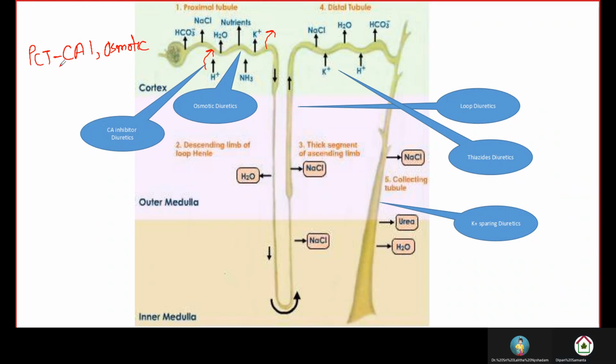Then the ascending limb of Henle, loop diuretics. Loop. In the DCT, distal convoluted tubule, thiazide. And in the collecting duct, potassium sparing diuretics like spironolactone.